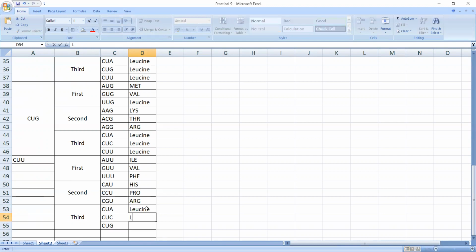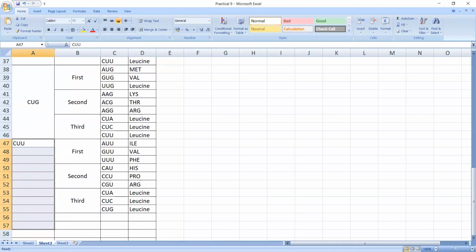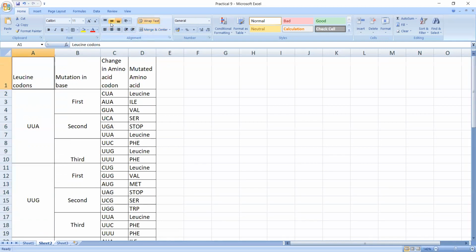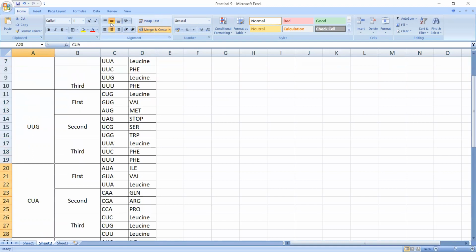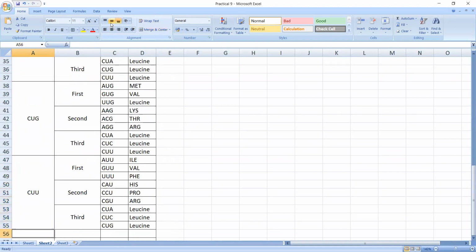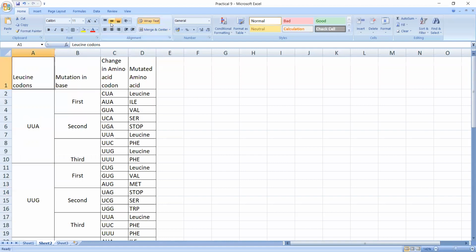CUC also codes for leucine only, and CUG also codes for leucine. So if there is a change in my third wobble base, I cannot see any changes in the amino acid sequence. So now we have solved for all 6 codons of leucine, 1, 2, 3, 4, 5, 6, all 3 bases. I hope now you all have understood this particular concept.